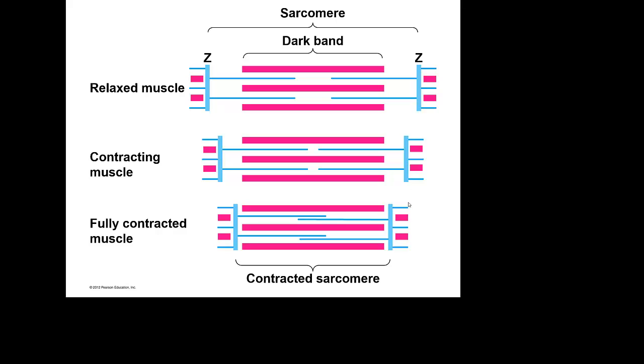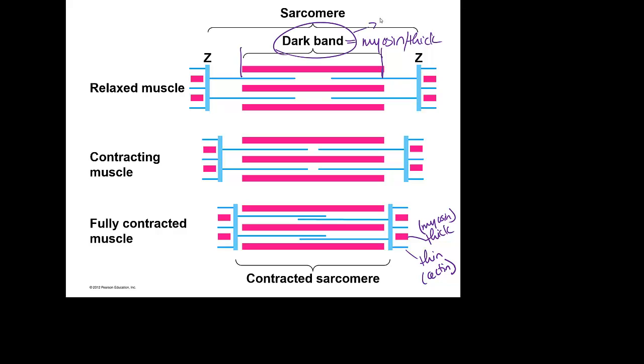So what are we doing? Remember, the blue is the thin, the pink is the thick. The thick is myosin, the thin is actin. So we are literally going to take these thin filaments. This middle part, the pink dark band, the dark band is the myosin or the thick filament. That never changes.